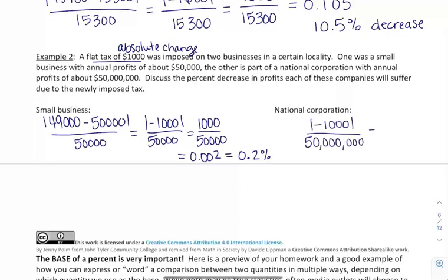So that 50 million, 1,000 divided by 50 million is 0.00002, which is 0.002%. That is far less impactful to their overall profits. 0.2% versus 0.002%. Big difference here. So this flat tax is really going to hurt that small business a lot more.